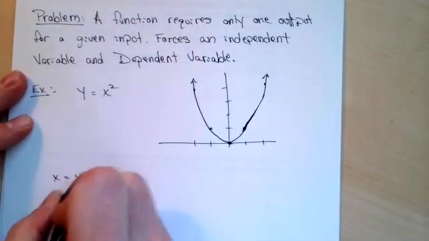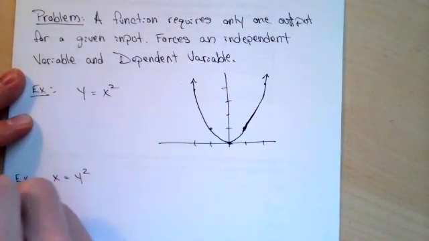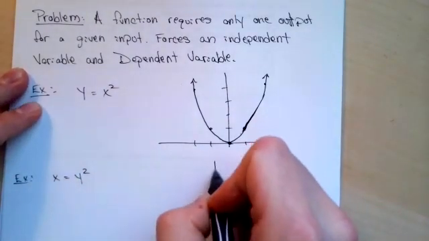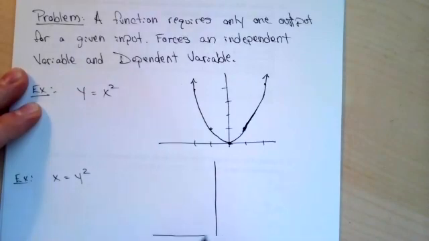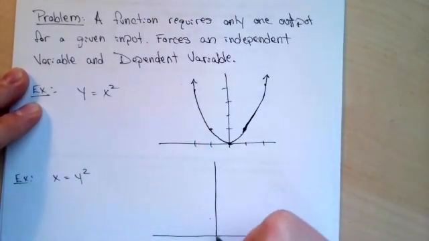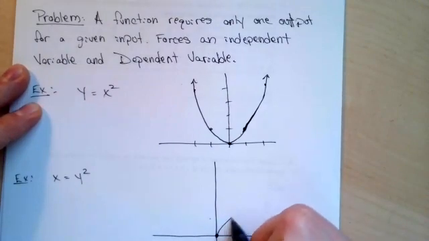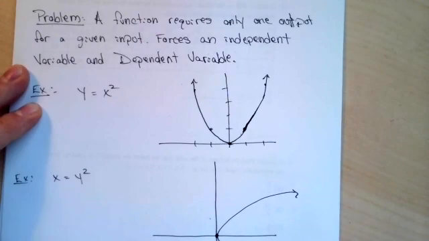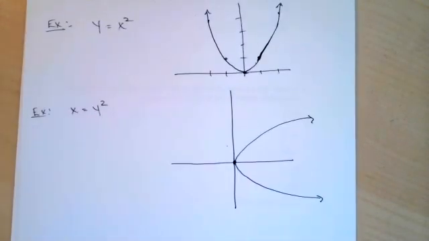We can have x equals y squared. Oops, this one's going to go sideways, of course. I'll just draw the general shape here. And so we can study these things, we can do calculus on these things.